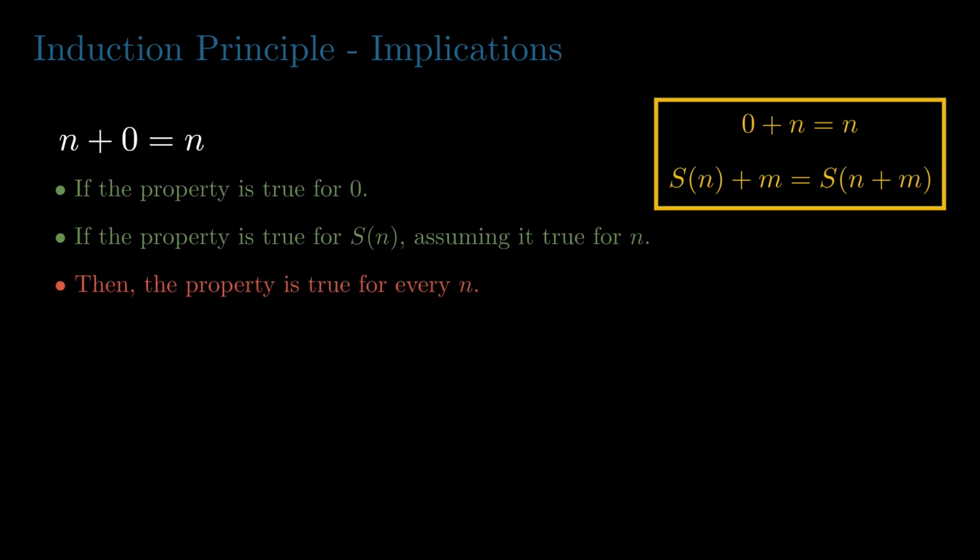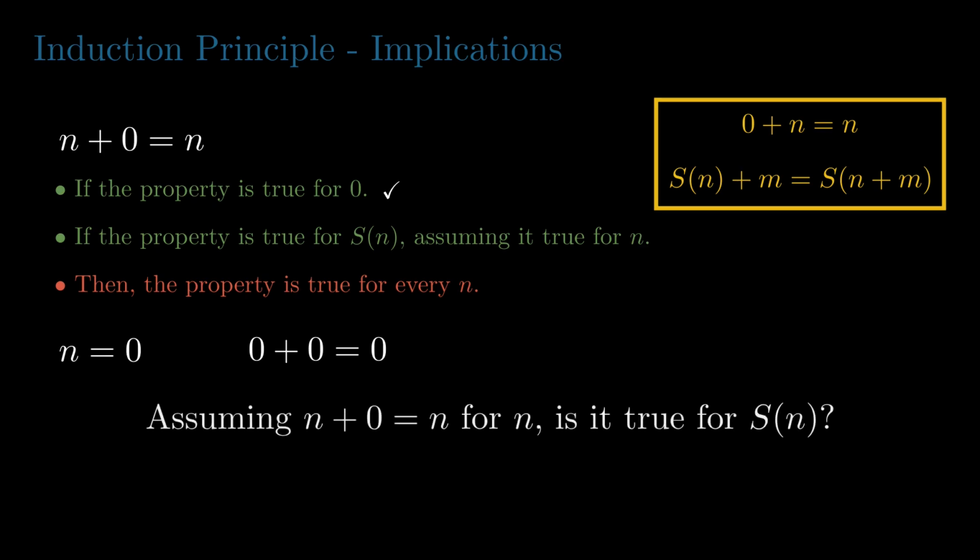So, first things first, let's see if n plus 0 equals n is true when n is 0. Now, our expression becomes 0 plus 0 equals 0. But this is a particular case of 0 plus n equals n, again with n equal to 0. Therefore, we figured out the property is true for 0.